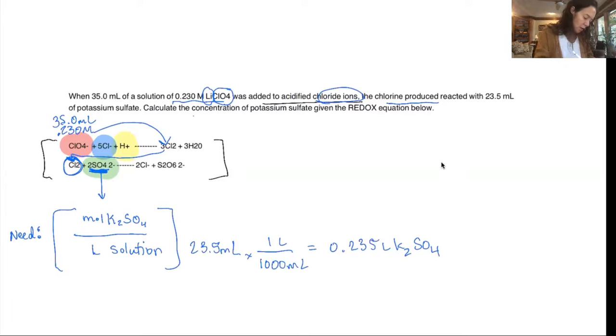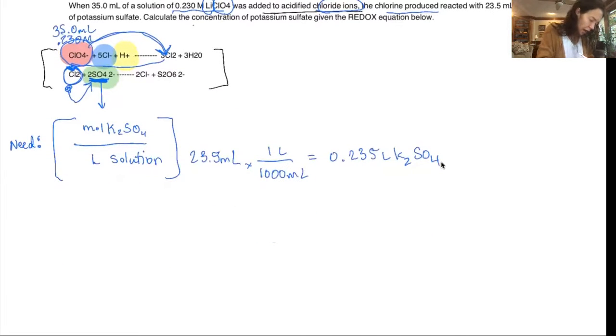So my stoichiometry is going to take me from here to here. And then I'm going to go from here to here. All right, I'm allowed to do that. Just follow the roadmap. Okay, so I'm going to start with what I know. And right here is what I know. Okay, so I've got 35.0 milliliters. Every 1,000 milliliters is 1 liter.